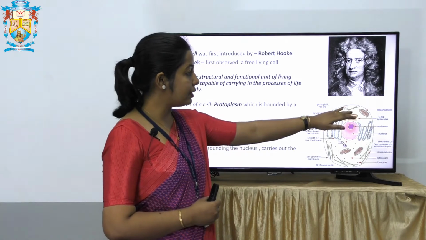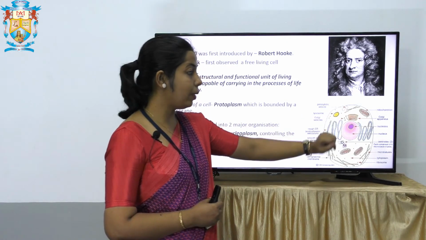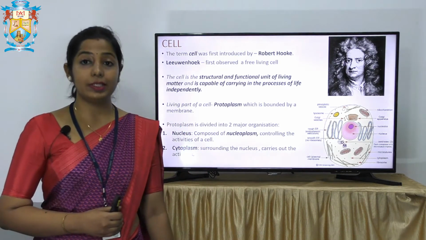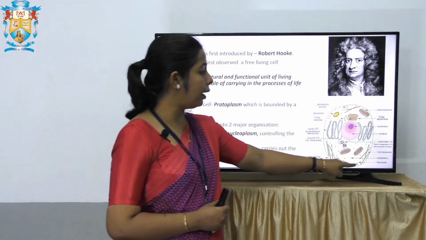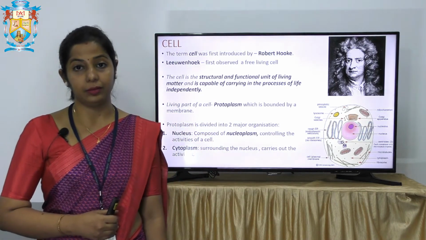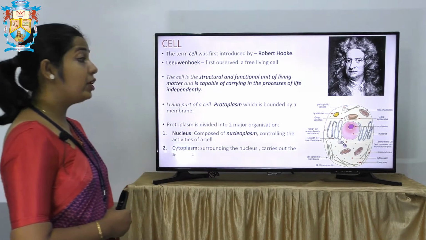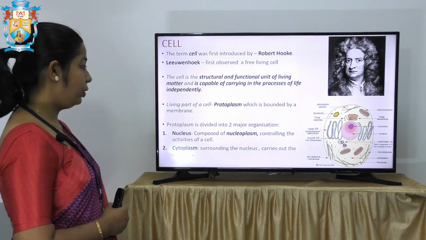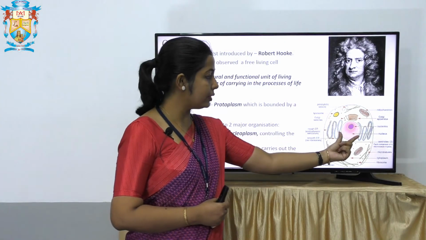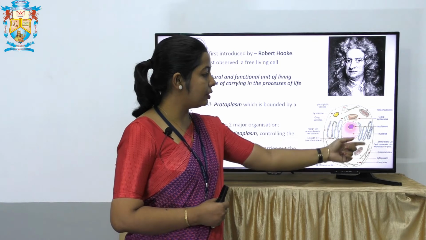In a eukaryotic cell, there is the protoplasm, and this protoplasm is the living part of a cell which is surrounded by a membrane called the plasma membrane. Now this protoplasm is divided into two major organizations. One is the nucleus, and surrounding the nucleus is the cytoplasm.